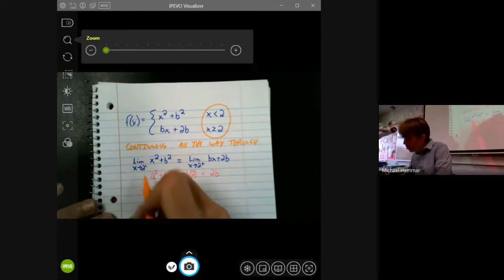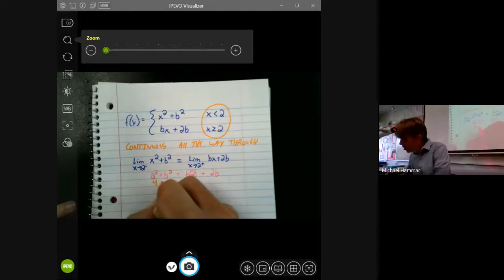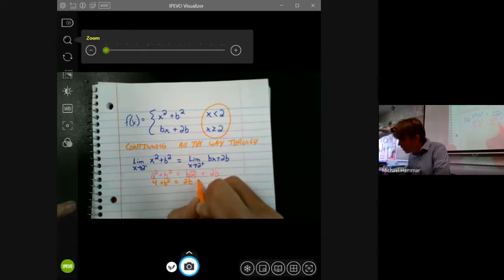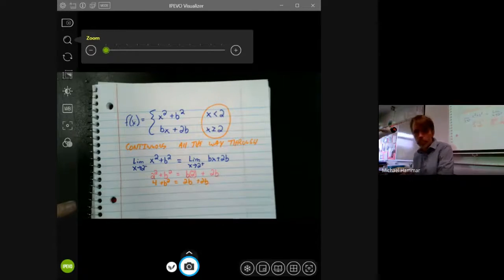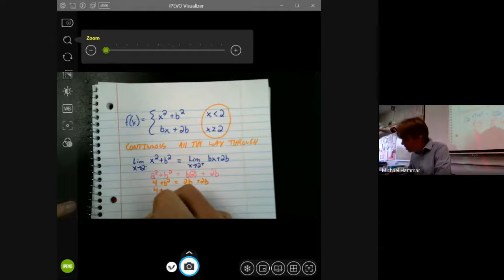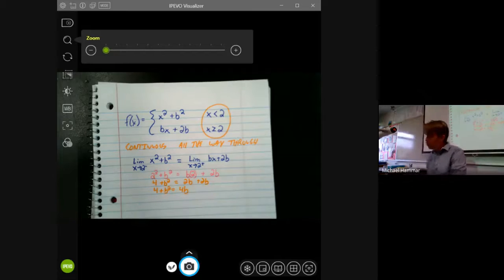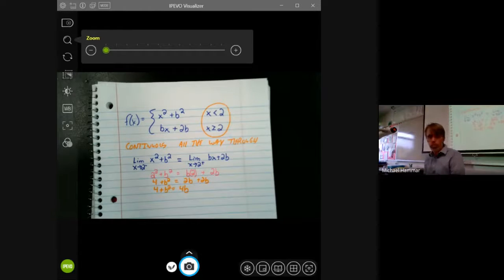The x's are gone, and we're trying to calculate what that b is. So we want to figure out the value of b. This is going to be 4 plus b squared equals 2b plus 2b. Let's just keep doing the math. Equals 4b. So we have 4 plus b squared equals 4b.